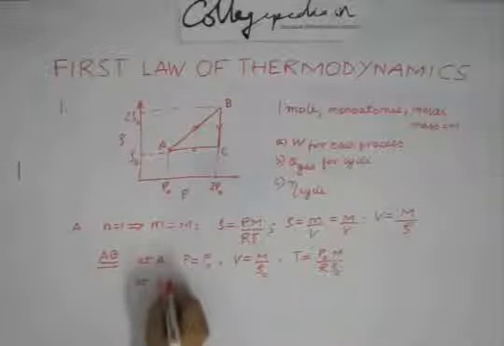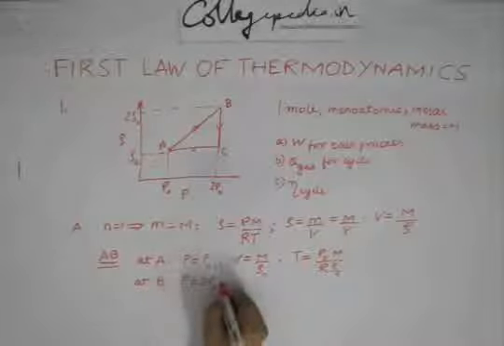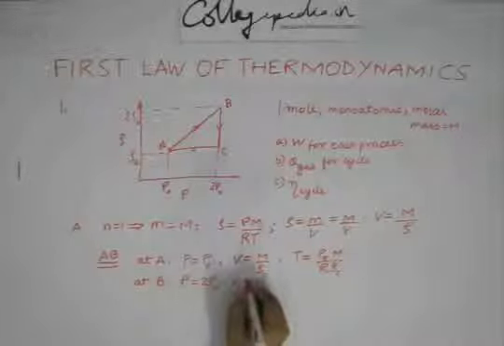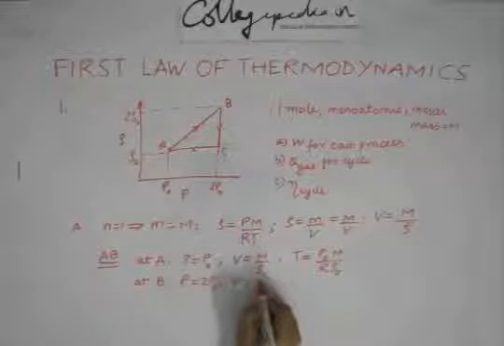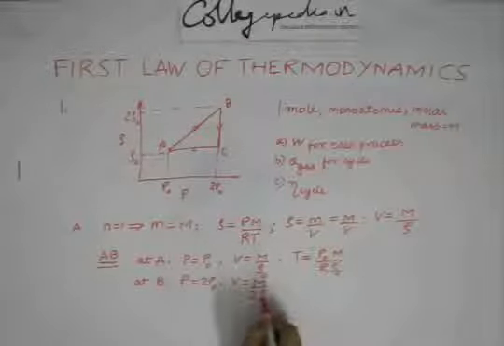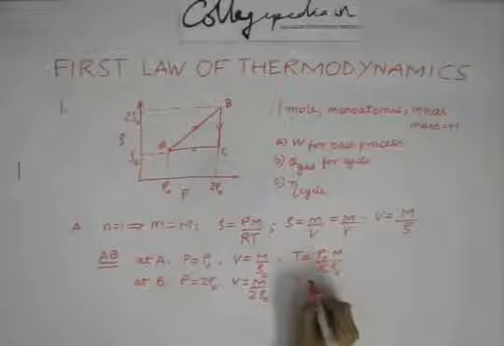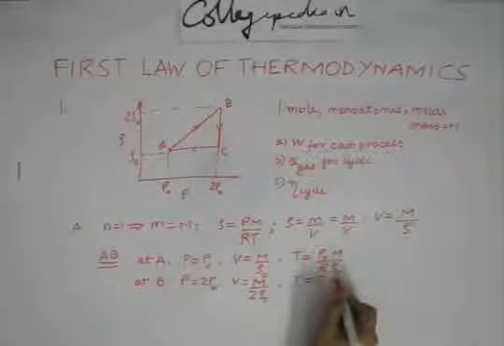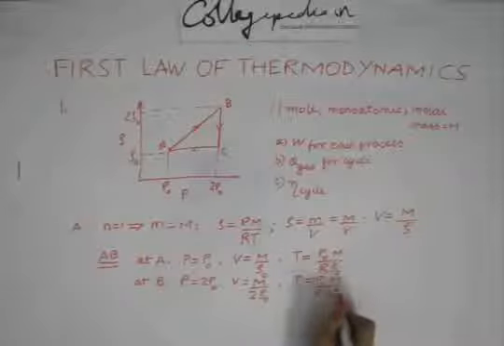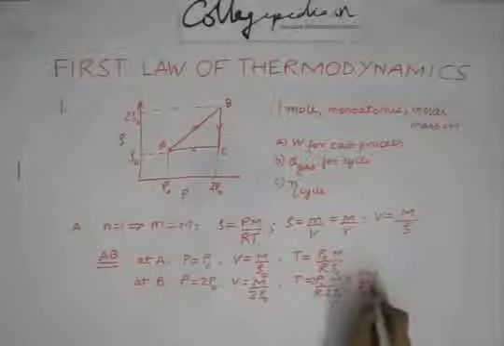At B, the pressure of the gas is 2p0. The volume is going to be m by 2 rho naught. Temperature from the equation of state becomes 2p0 times m by R times 2 rho naught. So the temperature remains the same. This is P0 m by R rho naught.